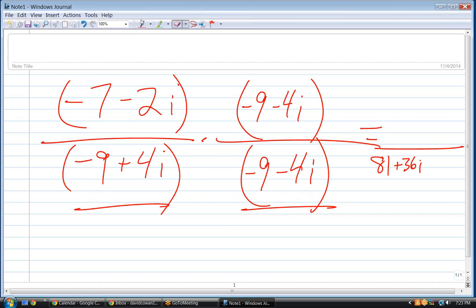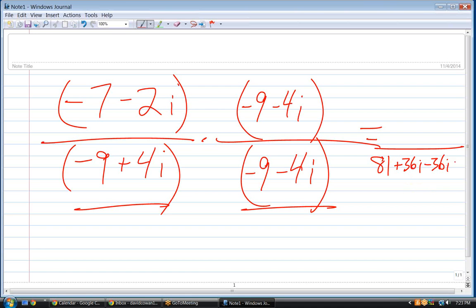Then, yes, minus 36i. These two terms will always cancel themselves out when you multiply by the conjugate. So you really only need the first term and the last term.